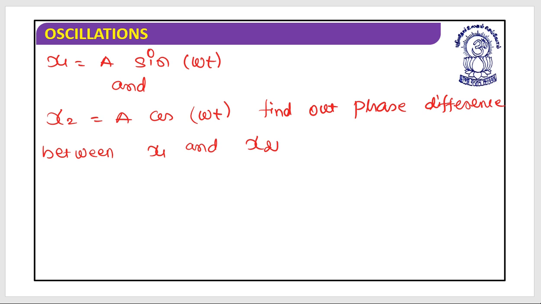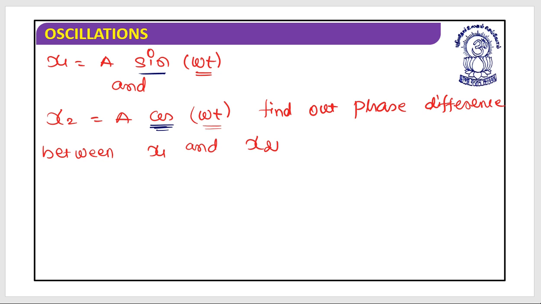What can we do? The first thing is that you need to compare them, but you need to notice that this is a function of sine while this is a function of cos, and both cannot be compared directly. You cannot compare sine and cos directly. So either sine or cos, you need to convert into the other function, so that both functions are sine, or both are cos.